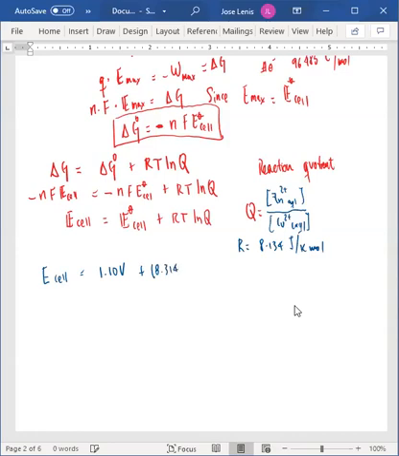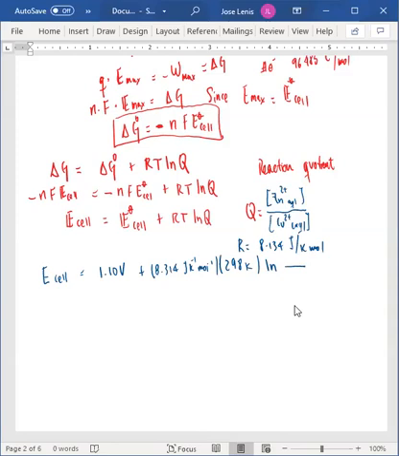8.314 joules per Kelvin mole, Kelvin⁻¹ mole⁻¹, times, let's use standard temperature, 298 Kelvin, times natural log of, what is the concentration of zinc 2+?